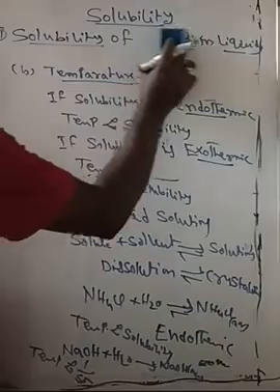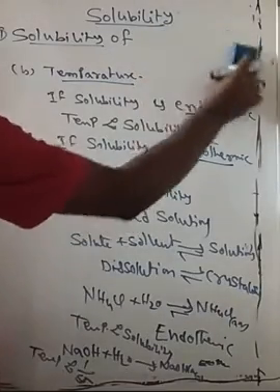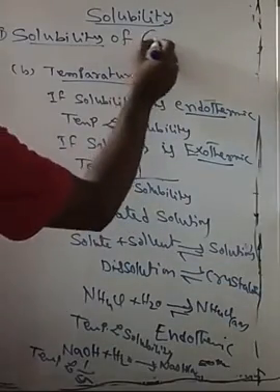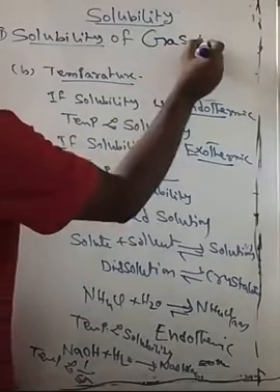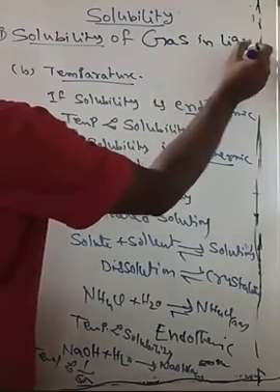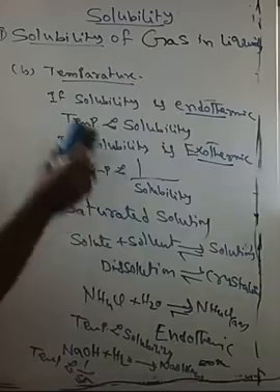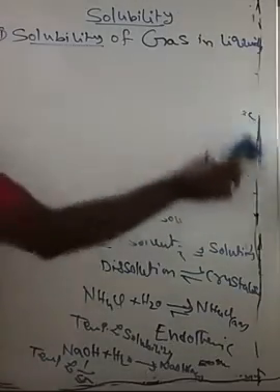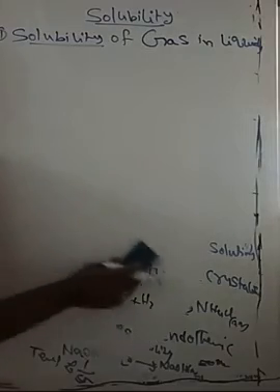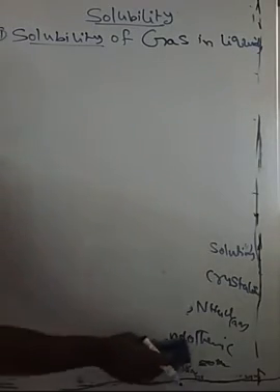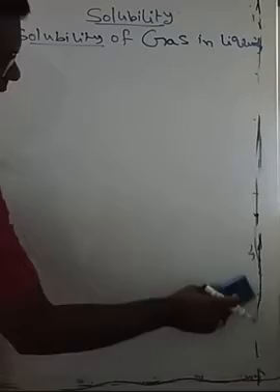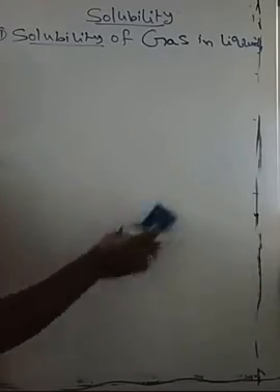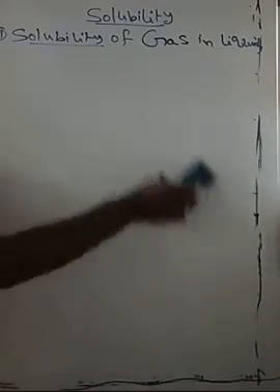Next goes solubility of gas in liquids. Now, you know, most of the gases are soluble in water, like carbon dioxide, hydrogen, nitrogen, oxygen.